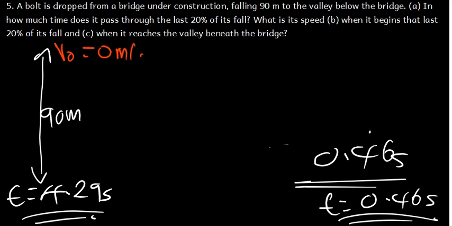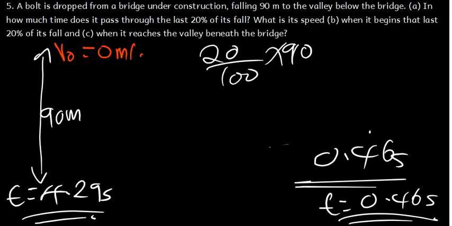In this case it's going to be easy. We're going to say what is the 20% times 90. The 20% in this case is going to be 0.2. So 0.2 times 90, which is going to be 18.